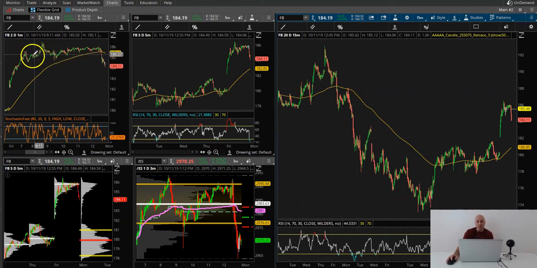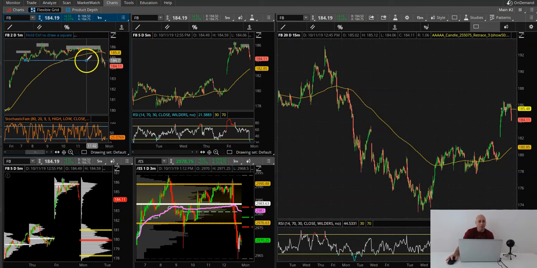And I'm able to see smaller patterns I might not be able to see on a 15-minute chart or a 5-minute. So I could see a potential shoulder, head, shoulder, right? And we could call this our neckline right here.